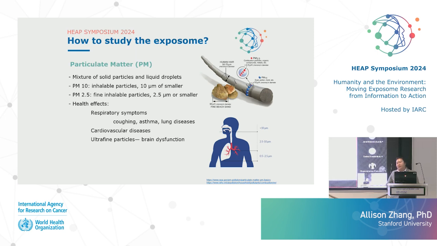Once inhaled, those particulates can deposit into different parts of the lung and affect different health conditions. Both short-term and long-term exposures to particulate matter can cause adverse health effects, not only in the respiratory and cardiovascular systems, but for ultrafine particles, they can even go through the olfactory nerve and affect brain functions.